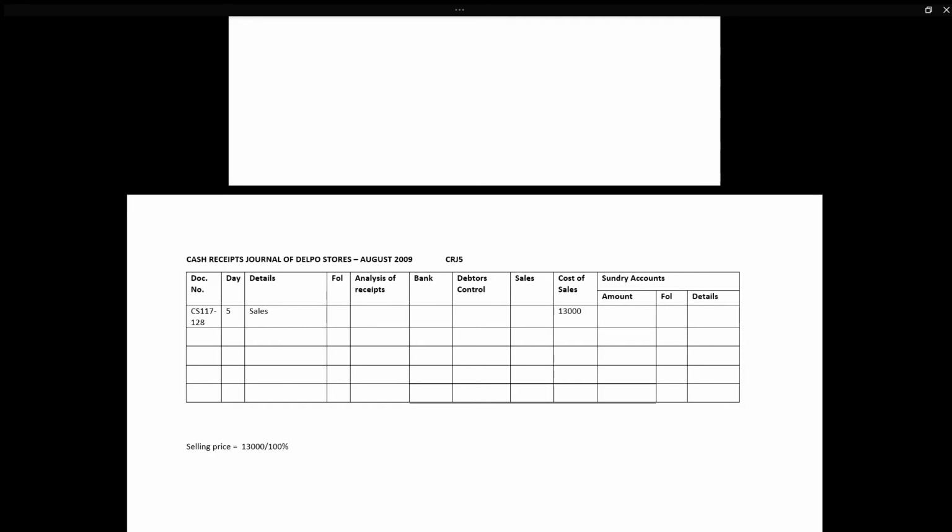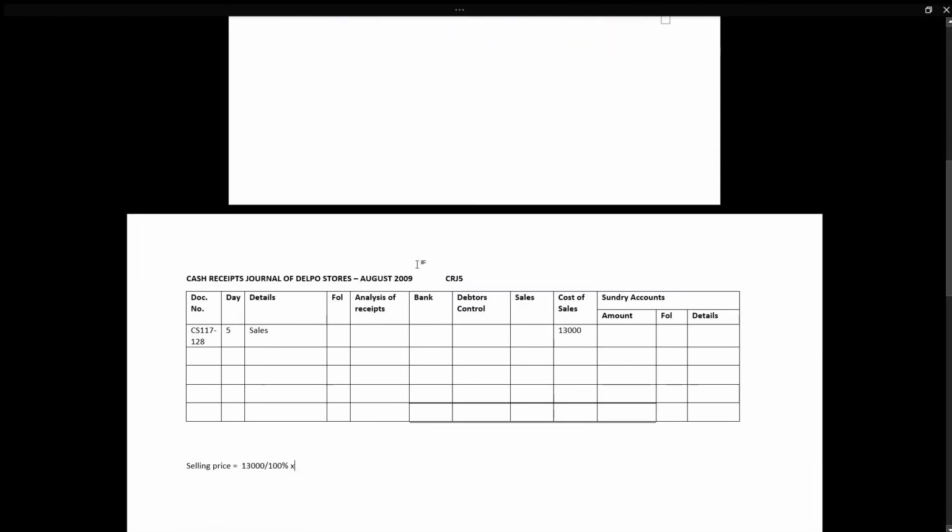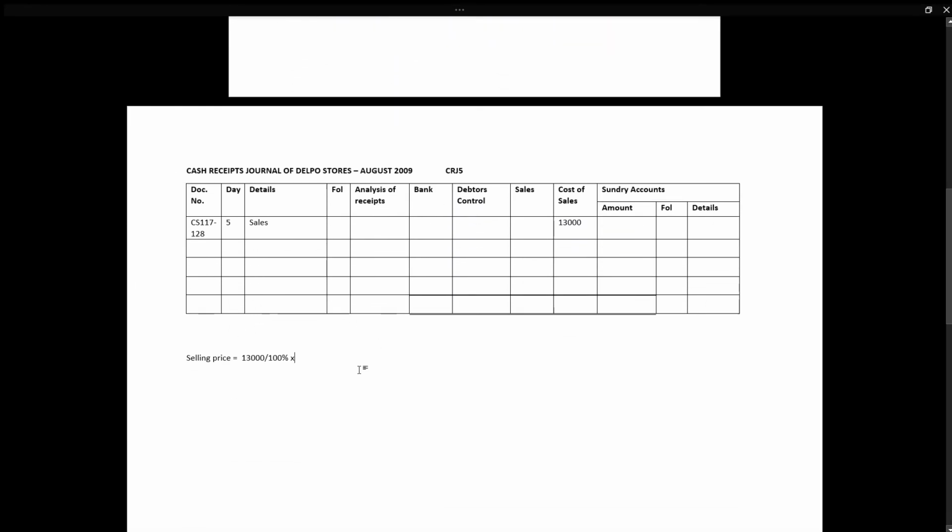Okay, and we are going to multiply by selling price percentage. Now remember, in the information they told us for this transaction that the markup is 60%. Selling price is always cost price plus markup. So that means 100 plus 60 will equal 160%. The answer will be my selling price.